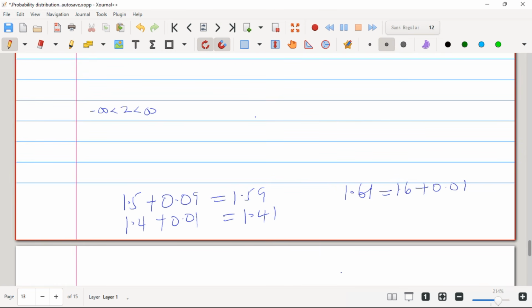Once we add this, we get the same thing as 1.61. So we will be meeting these decimals a lot, basically to 2 decimal places, in our calculations. So please kindly make sure you familiarize yourself with these decimals and how we can add them, so that when you get there, things will be very, very smooth for you.